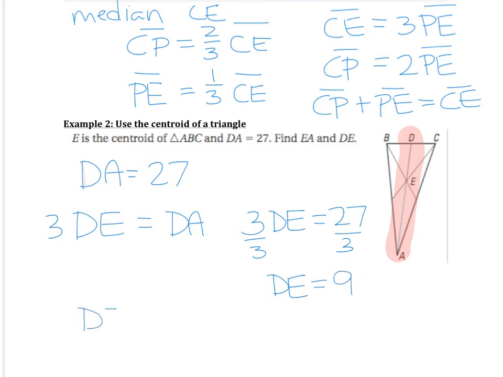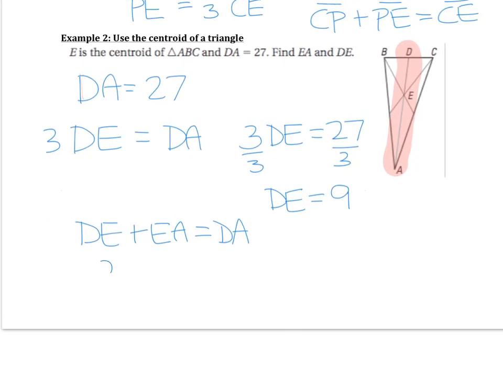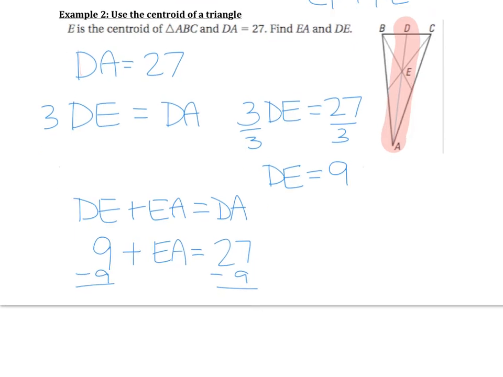I know DE plus EA equals DA. So 9 plus EA equals 27. Subtract 9. So EA equals 18. Okay, I know that's a lot, so let's do the next one.